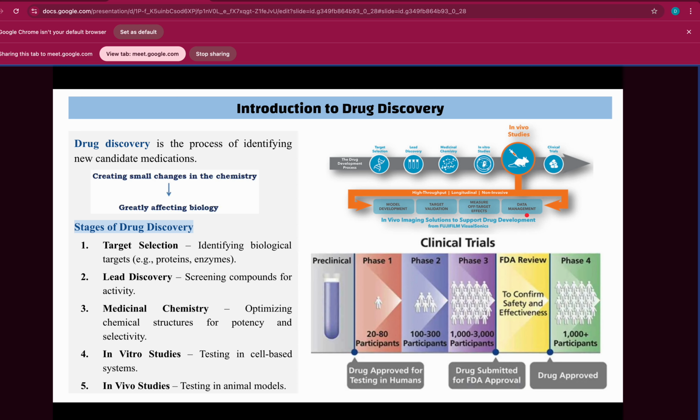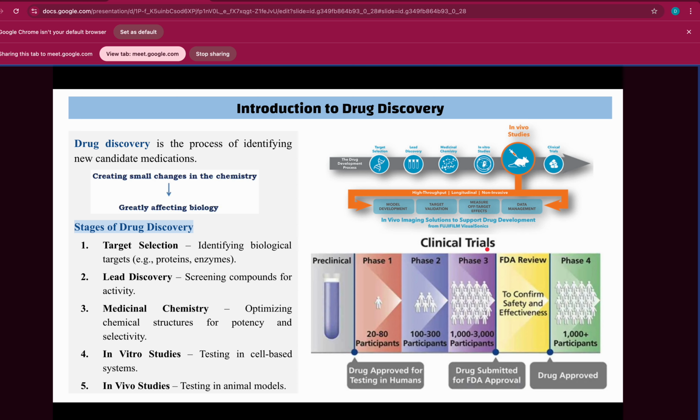Then we manage the data on whether my lead compound or drug is performing better, and maintain the data related to that drug, so that in the future we can design new drugs based on those properties. One by one, in the later slides, we'll see in depth about all these properties.